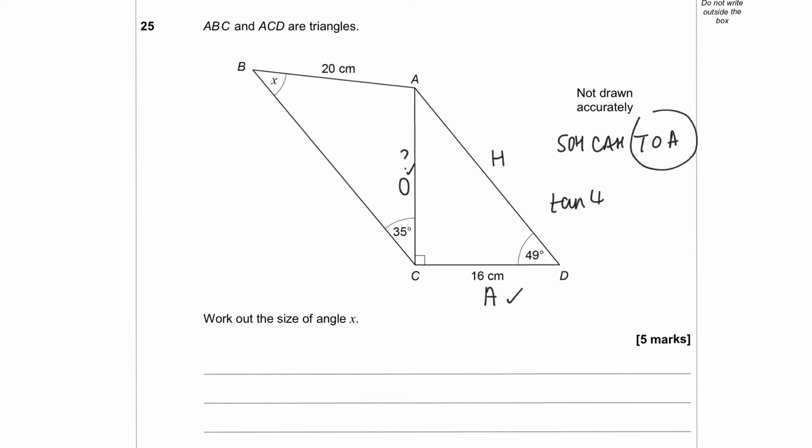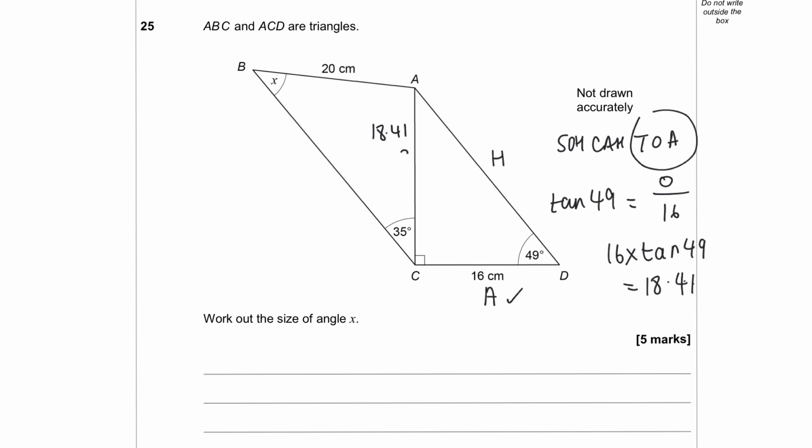So it'll be tan 49, because that's the angle, is equal to our opposite, which we don't know, over our adjacent, which is 16. Rearrange that to be 16 times tan 49. That should give you an answer of 18.41.